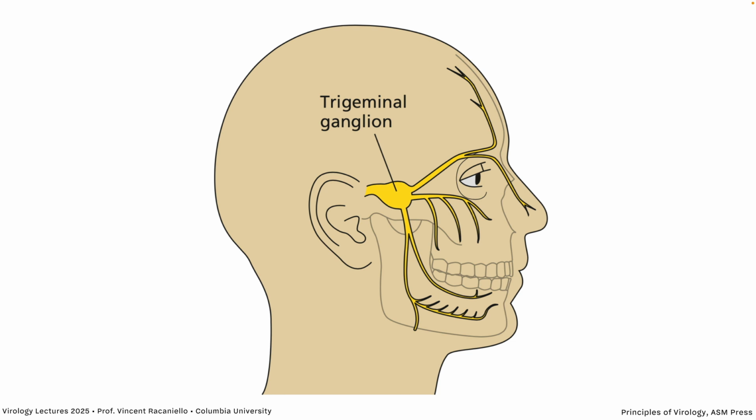It goes latent there. It's reactivated. It goes back down the nerve. You typically get cold sores on your mouth, but you can also get them on your face, your nose, and your forehead. And that's the anatomy of what's going on there. And for the genital herpes, you have ganglia down there that do a similar thing.